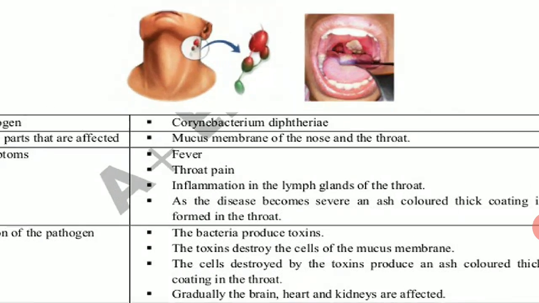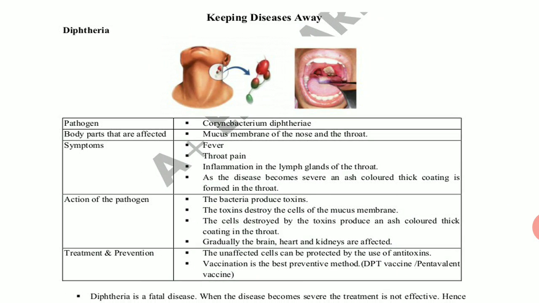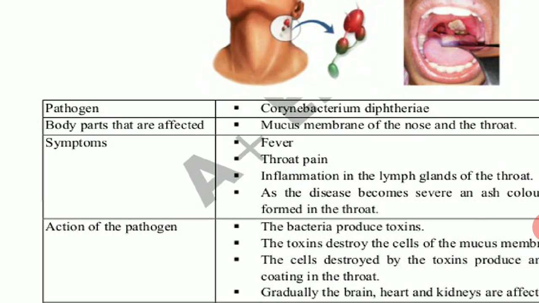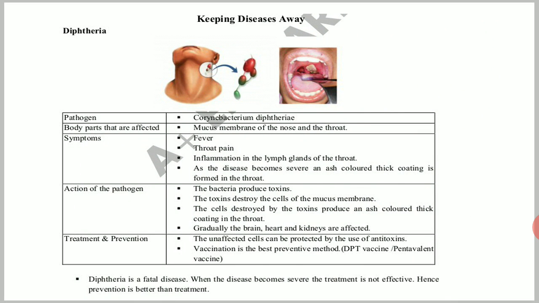You can see the screen. Diphtheria. I told you in the previous class, whenever we learn about any disease, especially communicable or contagious disease, the headings to learn are: one is pathogen, then mode of transmission, then symptom, then preventive measure, then treatment.